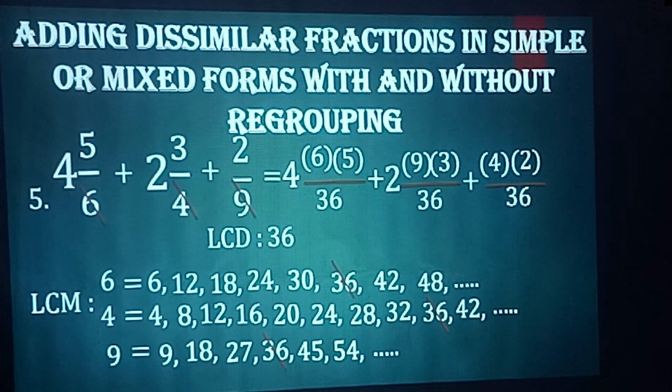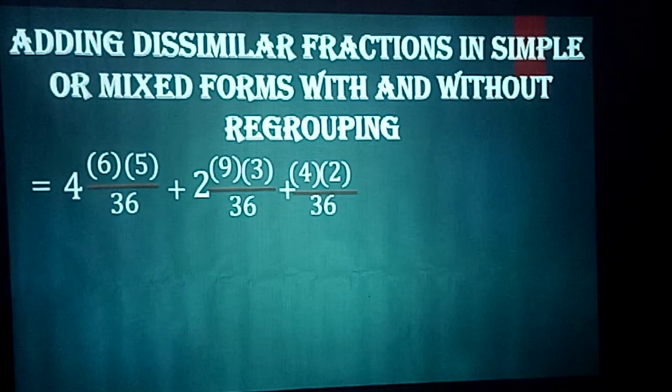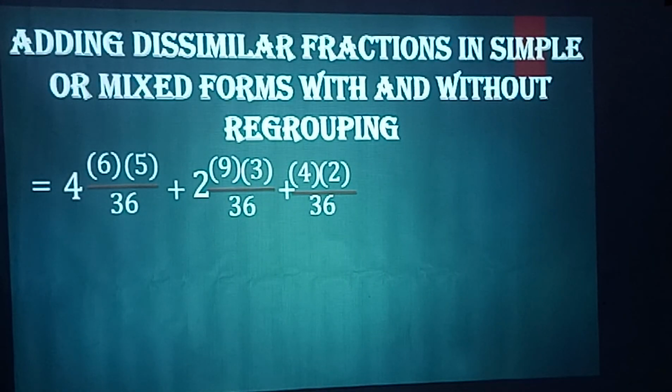Okay, let me rewrite. So that is 4 and 6 times 5 over 36 plus 2 times 9 times 3 over 36 plus 4 times 2 over 36.